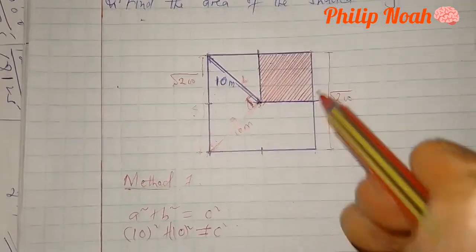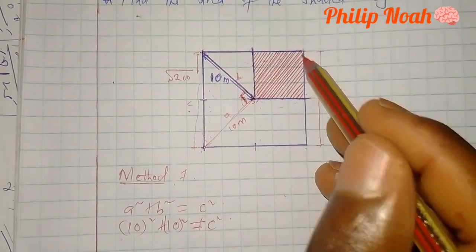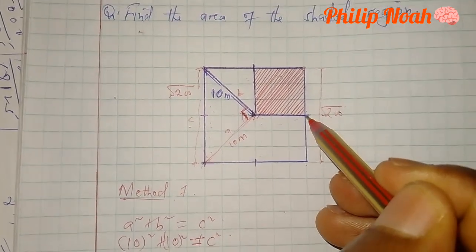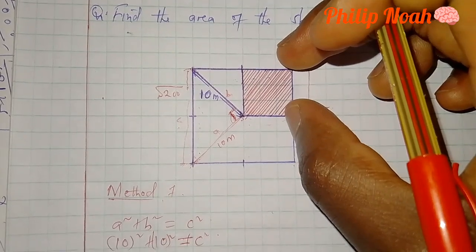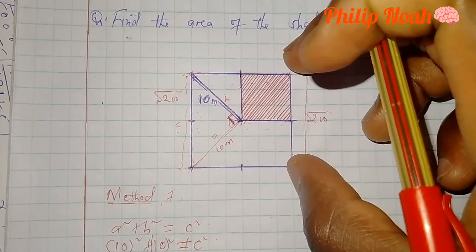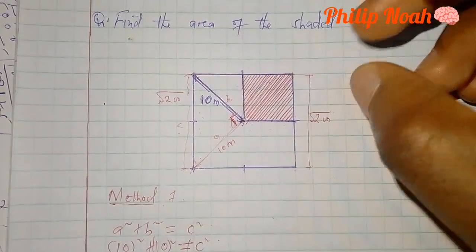But from this point to this point is a half. This length here is a half of this length. I mean, this length is twice this length.